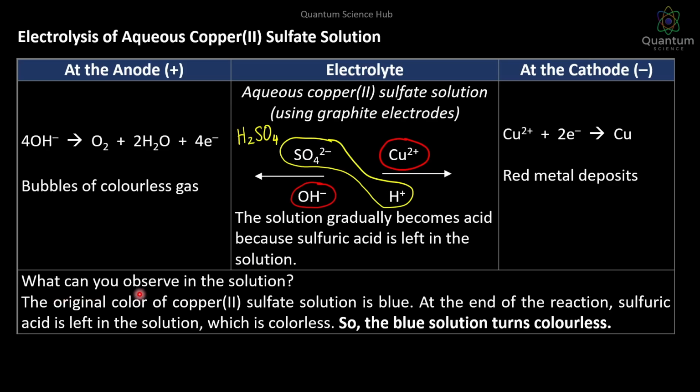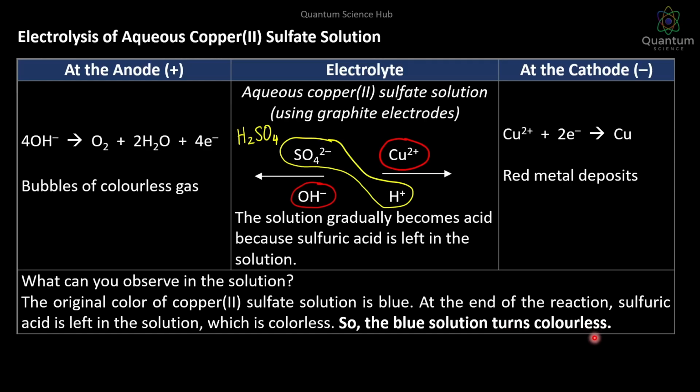Now what can you observe in the solution? As we know, the original color of copper 2 sulfate solution is blue. At the end of the reaction, sulfuric acid is left in the solution, which is colorless. Remember, most acids are colorless. So you can say the blue solution turns colorless.